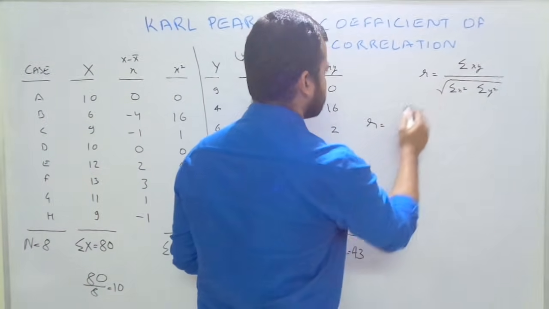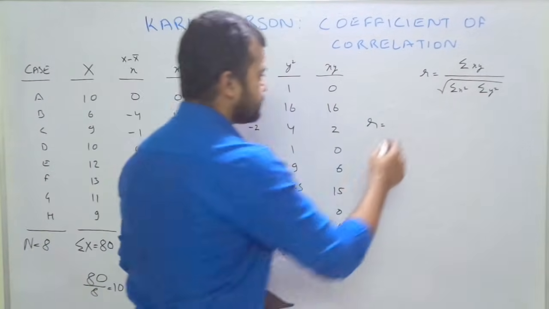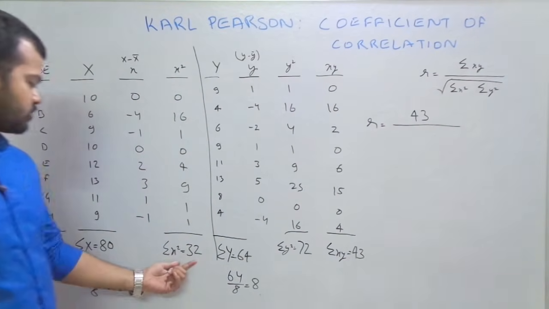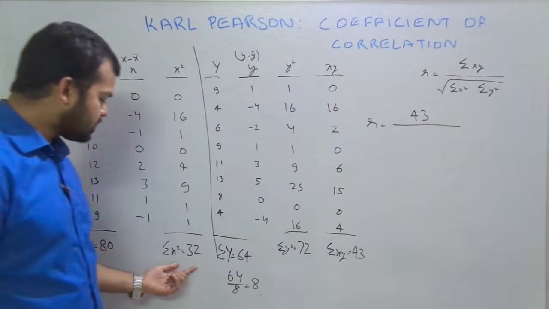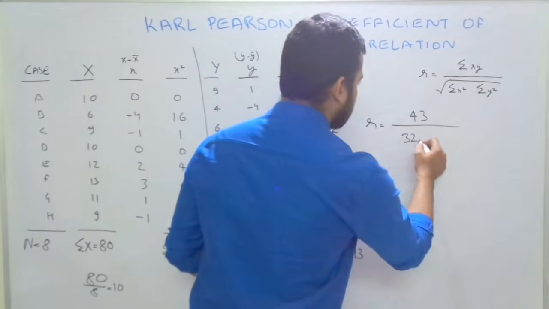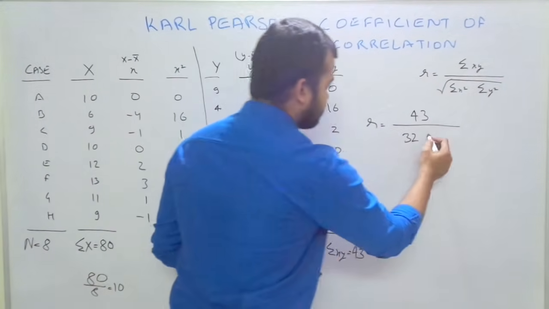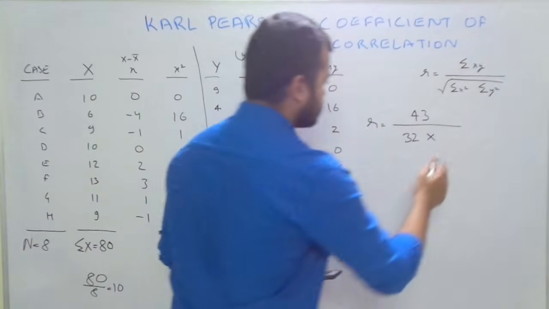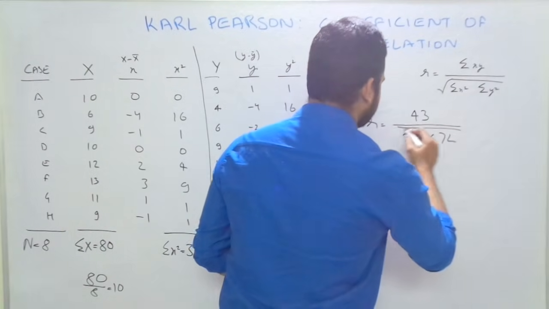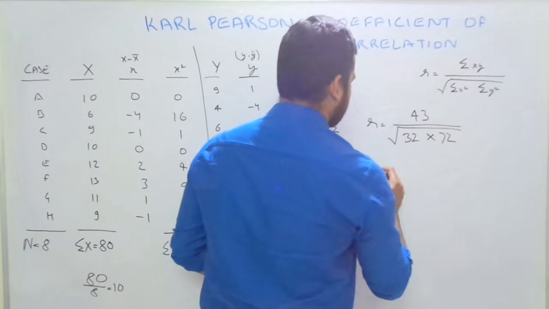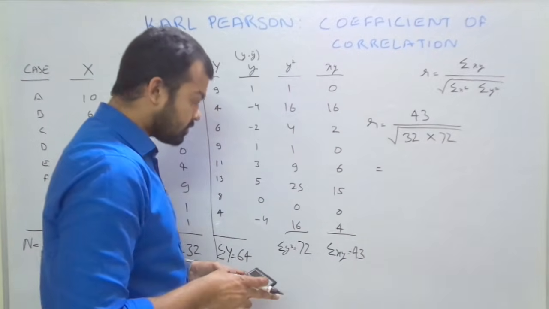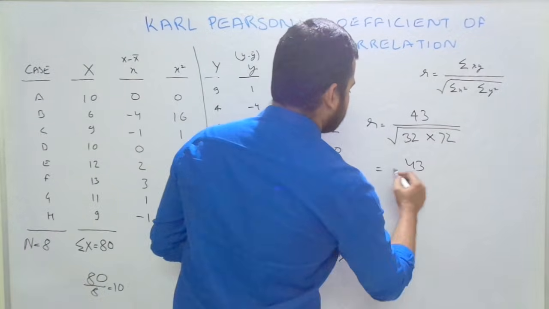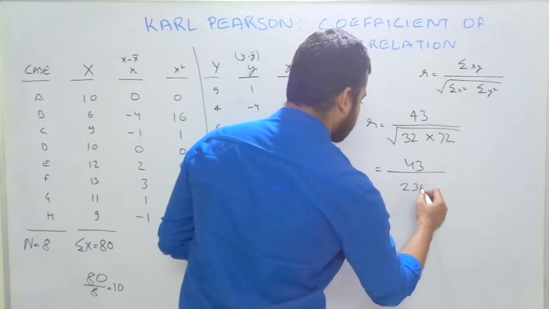So r is equal to summation xy, which is 43, on the numerator. Summation x square is the total of the x square column, so we have 32. The sign in between is multiplication. Summation y square is 72, so we write 72, putting an under root. By solving this, first you have to multiply 32 into 72, so that is 43 divided by the root of 2304.